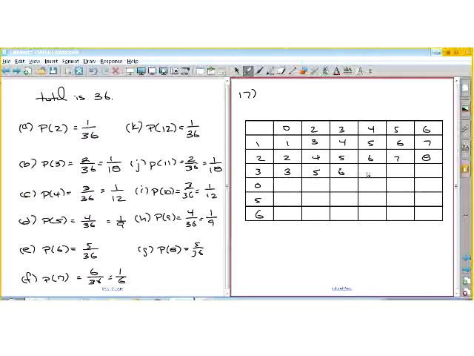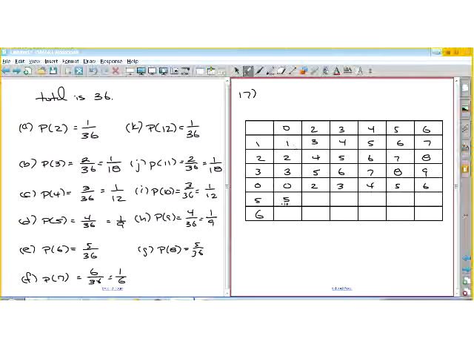3 plus 0 is 3. 3 plus 2 is 5. 6, 7, 8, 9. 0 plus 0 is 0. 0 plus 2 is 2. So this is just the same. It's 0 plus every one of these numbers, which is just those numbers.